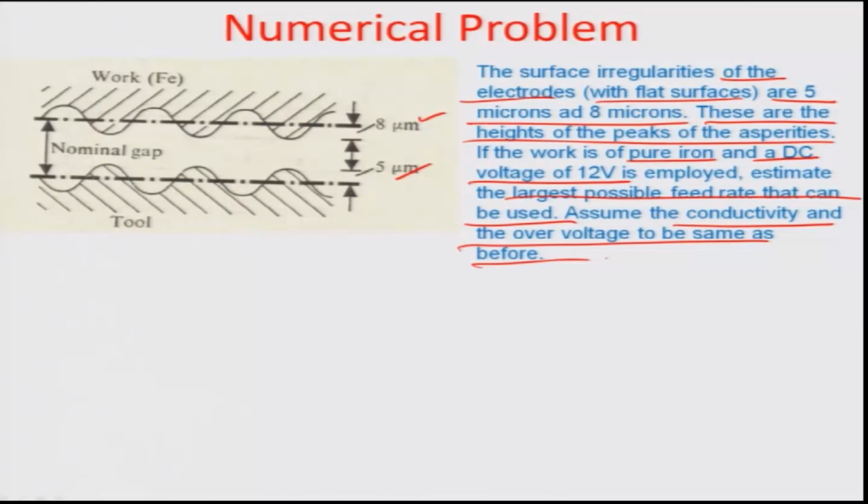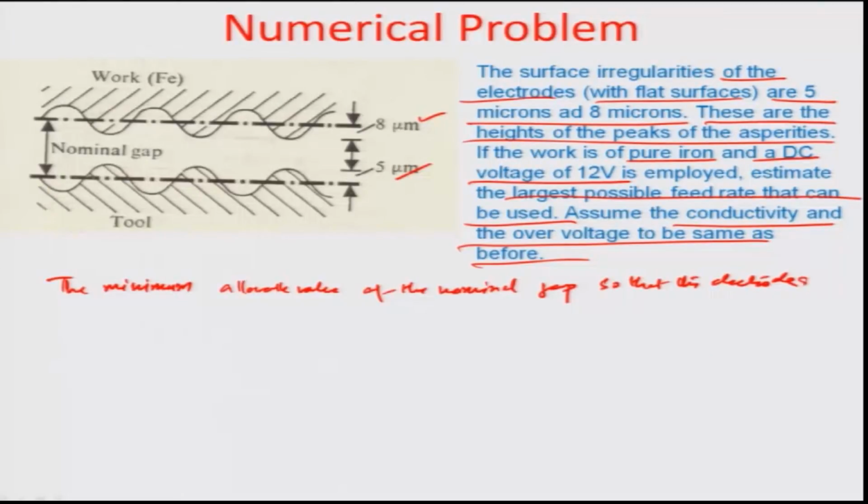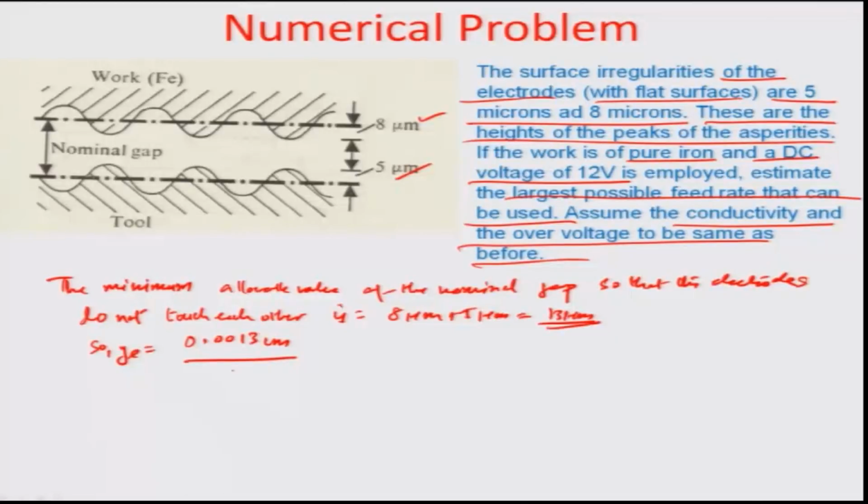Having said that, the minimum allowable value of the nominal gap so that the electrodes do not touch each other is given as 8 microns plus 5 microns, that is about 13 micrometers, and therefore, the YE or the equilibrium gap can be recorded as 0.0013 centimeters.